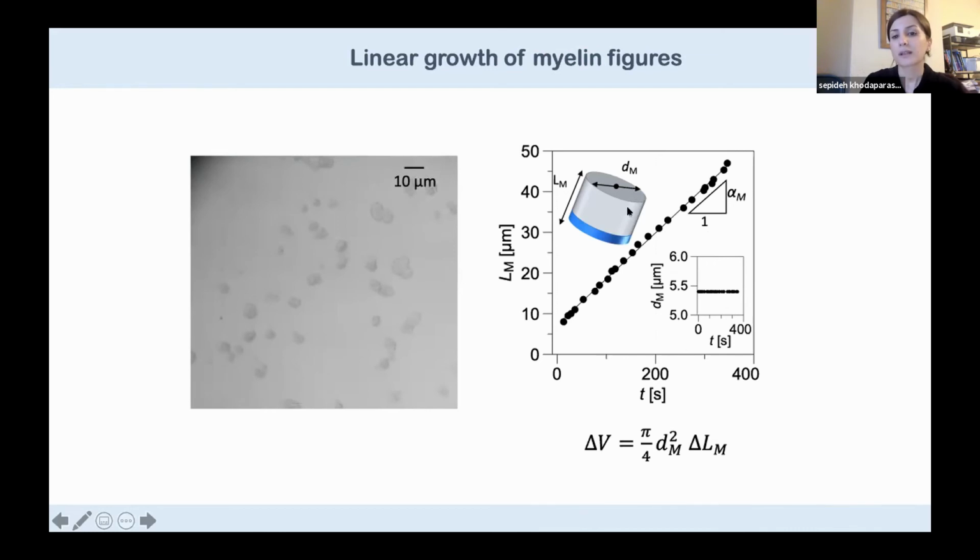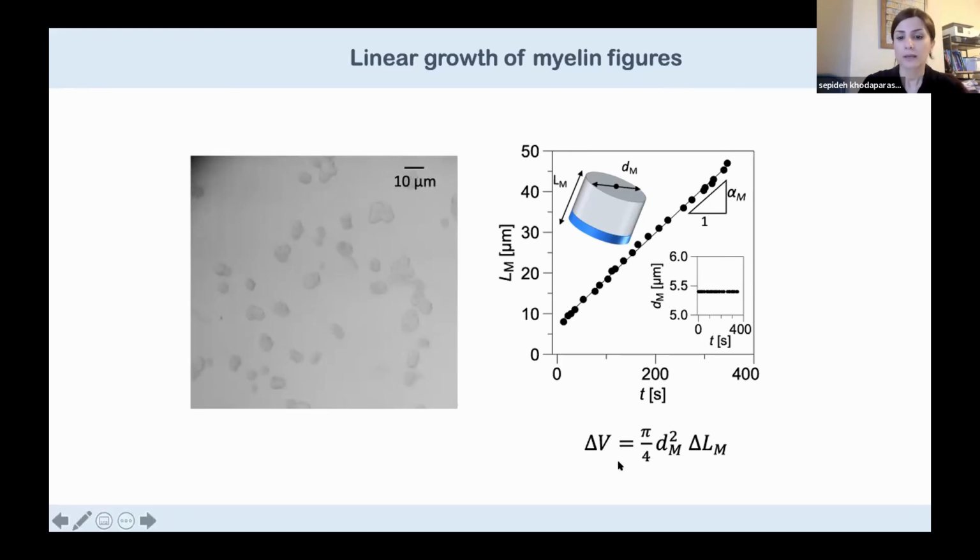Measuring the length of the myelins is one of the most practical and simplest experimental measurements that we can perform to understand the mechanism that defines their growth. We see that the length of the myelins is growing linearly with time, and its diameter is relatively constant, at least within the resolution of the optical microscopy.